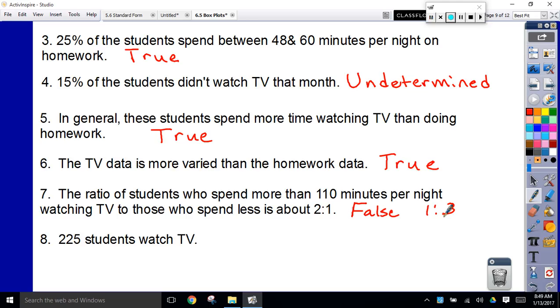We don't know. It could be actually true. We could have thousands of students interviewed, and there actually could be 225 students who watch TV out of thousands. Maybe they interviewed 226 and 225. We don't know. But most likely, it would be undetermined, because we just don't know. It's possible.